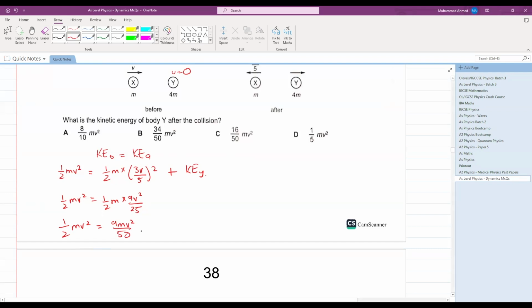The kinetic energy for y comes out to be 8 divided by 25 m v square. You wouldn't find this answer directly because the answer has not been converted into simplest form by the examiner. If you examine option C, 8 divided by 25, C is your answer.